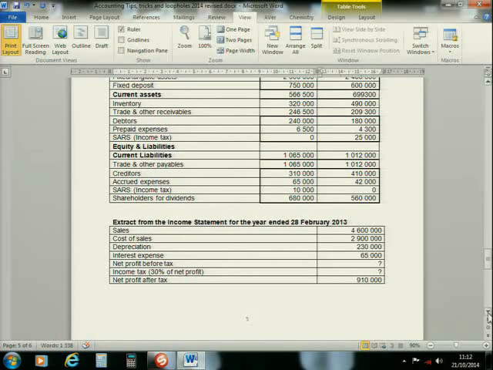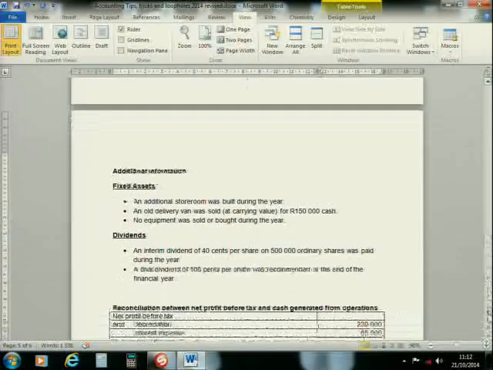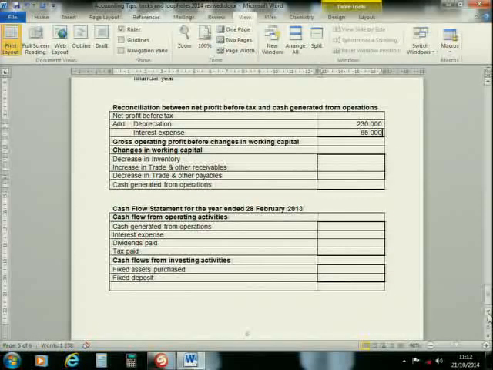Now that we have determined net profit before tax, which was not given, but we are required to determine that, I'll just put this in brackets. This is equal to 910,000 times 100 divided by 70, and that will give you 1.3 million.